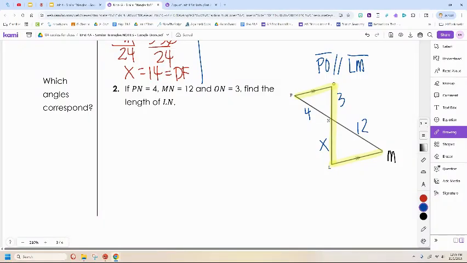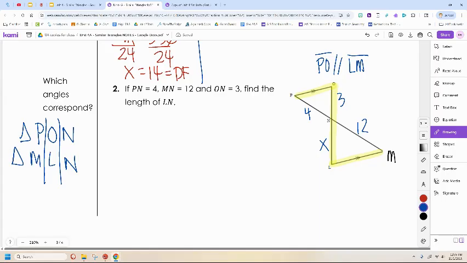If I call that top triangle PON, the bottom triangle, well, N corresponds with N, right? Those are vertical angles. They have to be congruent. Which angle is congruent to O? Yeah. We did the proof. And then P corresponds with M.